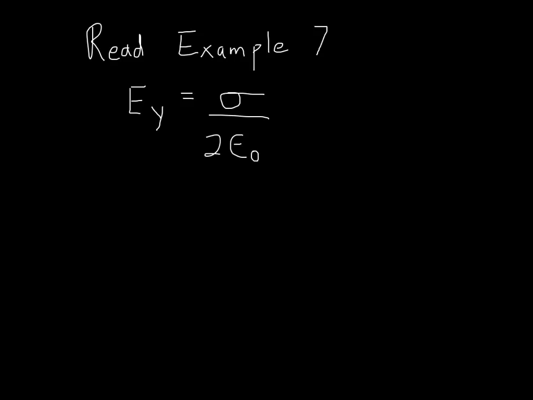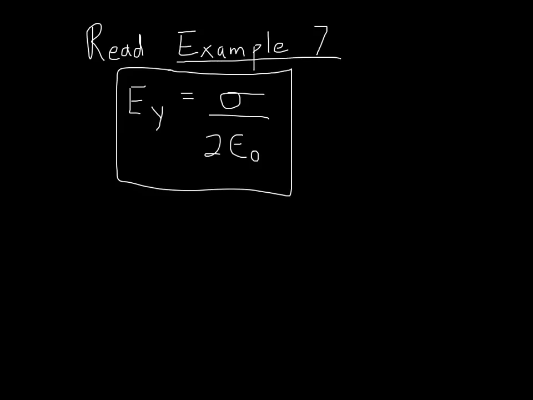Very important problem, very good to understand how to do this, because we will be building off of this in future chapters. So make sure to read example 7, and once again, as usual, ask me questions if you don't understand something.